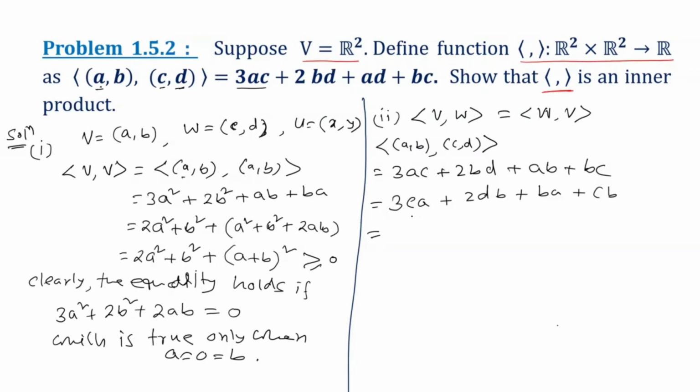So this is by definition, you will see that ca. So therefore we can say this is the inner product of (c, d) and (a, b), which is nothing but ⟨w, v⟩.